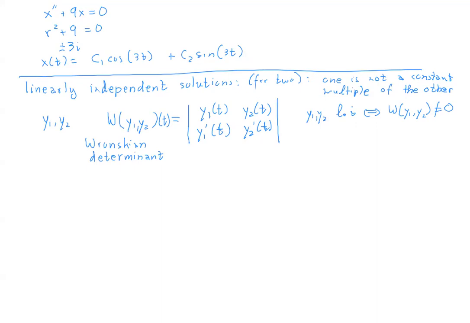Now, if you were to deal with three functions, then you would need the functions, first derivatives, and second derivatives in order to come up with a 3 by 3 determinant. As I said before, I'm not going to pursue the use of Wronskian determinants in our course, but I think it's a good concept to at least have heard of.